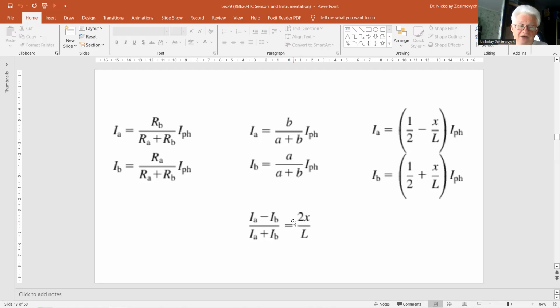However, it is preferred to have an output signal that only depends on the position X and not on the light intensity of the incident beam. In order to obtain such an output, I sub A minus I sub B is divided by the sum of these values, as you can see here on this part. It gives us I photon canceling out, resulting in this last equation as a whole.